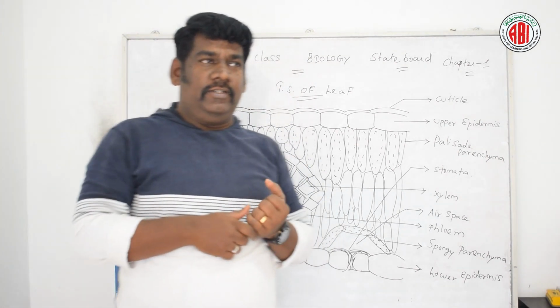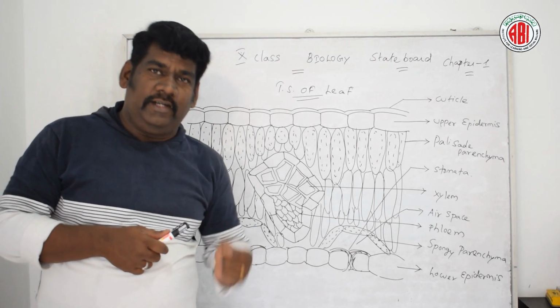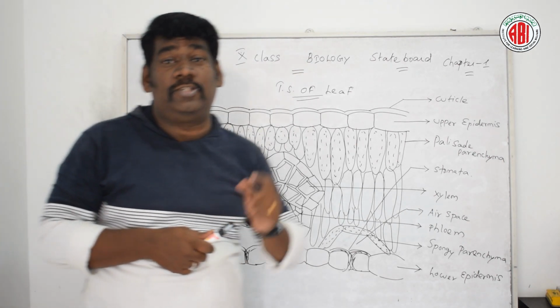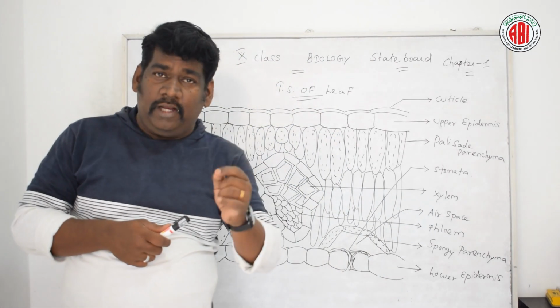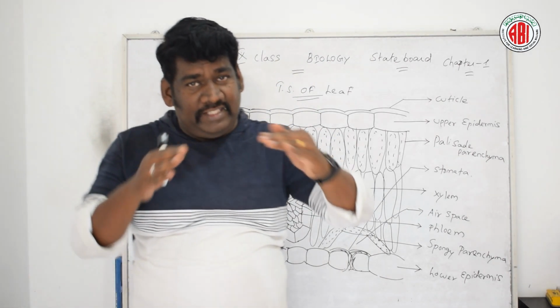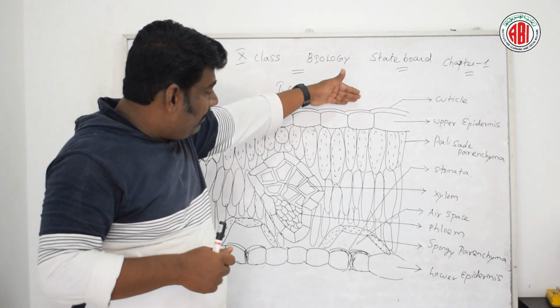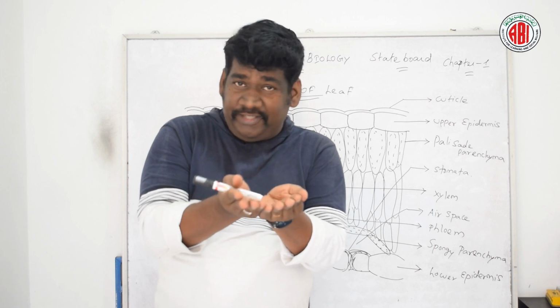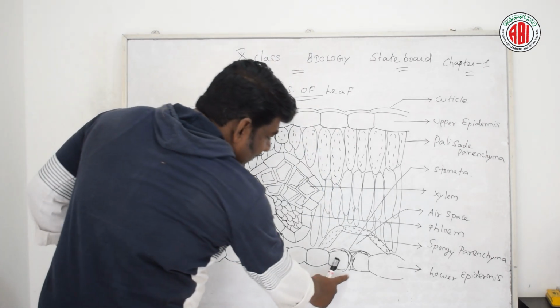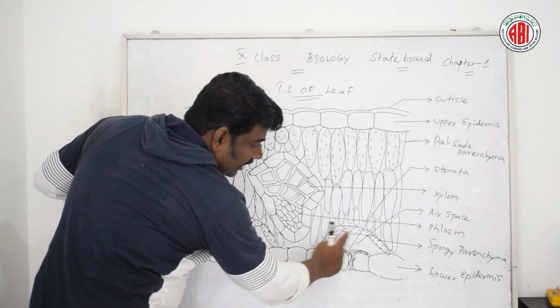The next most important label is the stomata. Stomata is a small, minute pore present on the surface of the leaf, and the upper and lower layers are both surfaces of the leaf. Here you can see an air space, an empty space.